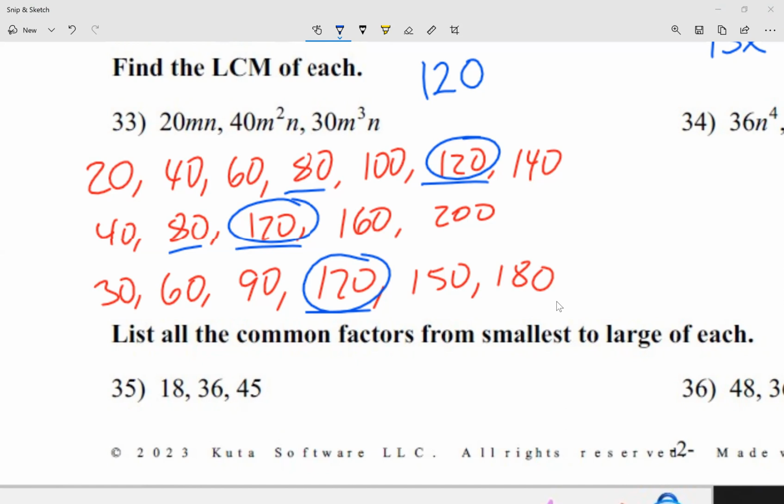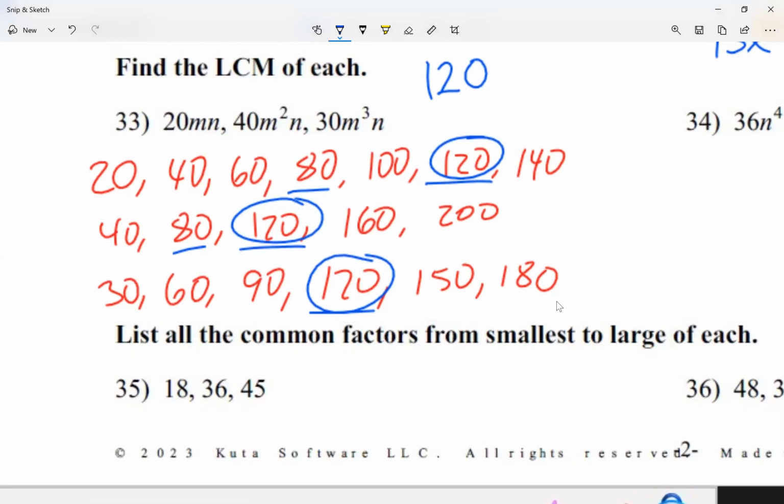I'm looking at the biggest exponent. It doesn't have to be in all 3. As long as it is just in one of the terms, right? There's 3 terms. As long as it's in one of the terms, I'm going for the biggest exponent. So when it comes to m, I'm going to go m to the third.